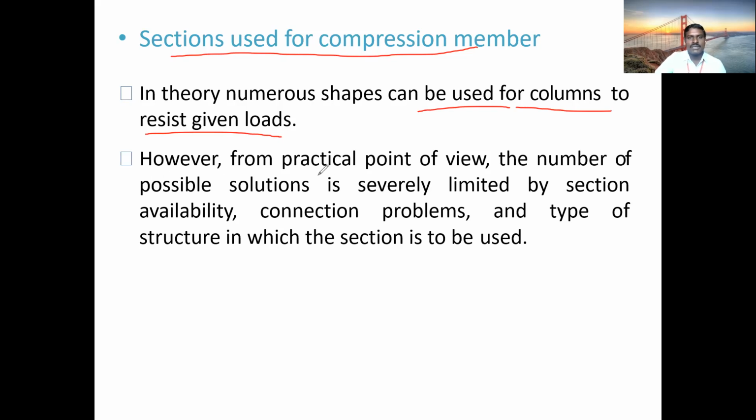However, from the practical point of view, the number of possible solutions is severely limited by the sections and the connections, similar to the tension member. So we have to design the connection also in this particular column or compression member, so we will see how to design the connection also. Okay, so this is similar to the tension member.